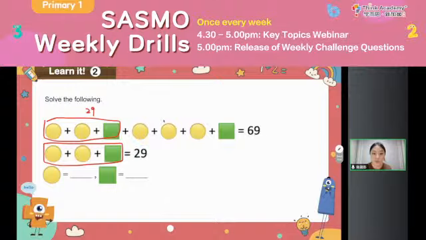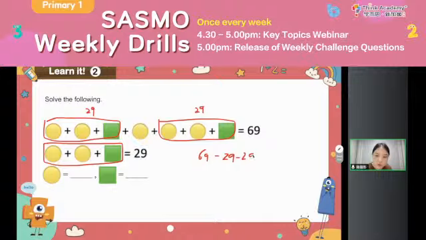Oh, everyone, you see we can find another side, right? So probably we can see if there's another group to help us solve the problem, right? So we can see here in the question, 29 plus a circle plus another 29 equals 69. So everyone, let's do the calculation. 1 circle equals 69 minus 29 minus 29, right?